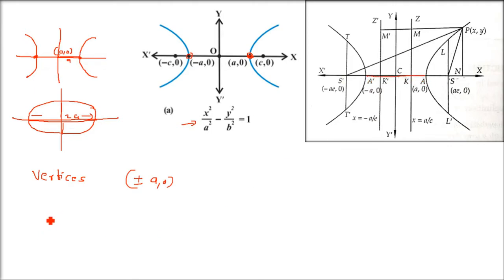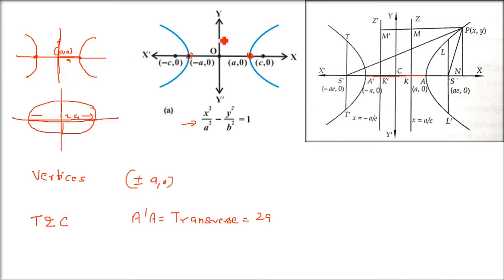In this case, if you see the rightmost figure, I am talking about transverse and conjugate. This A dash A is the transverse axis, and what is the length? 2a. From here to here, a on either side, 2a.